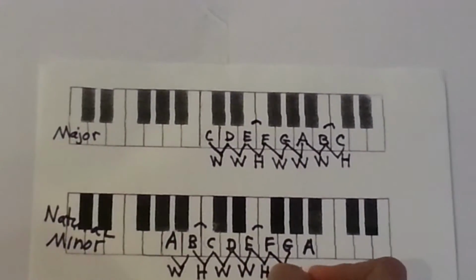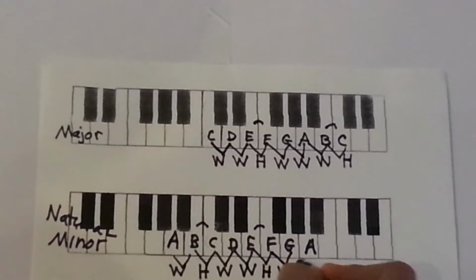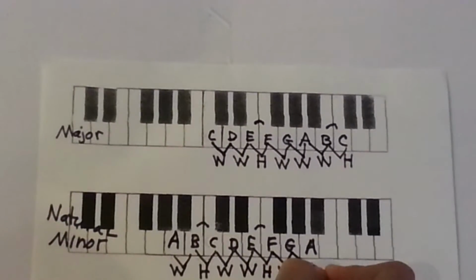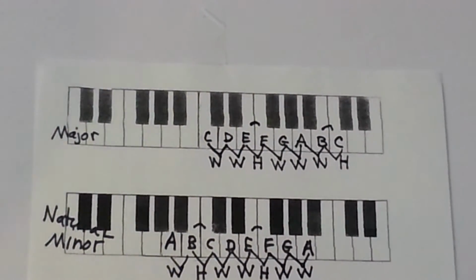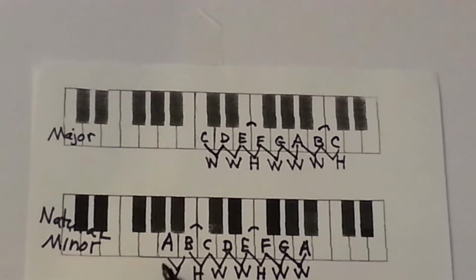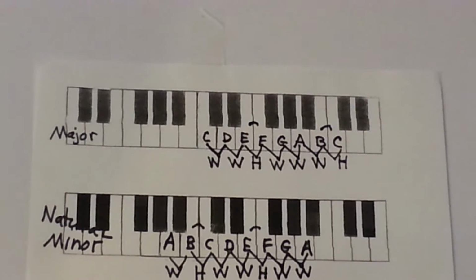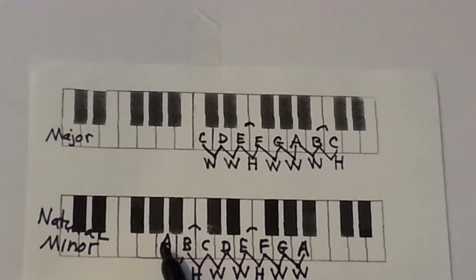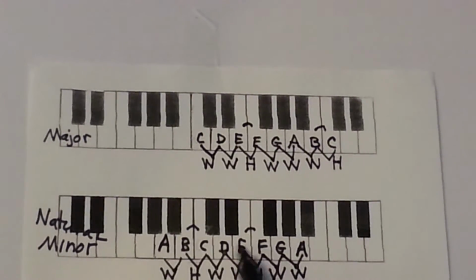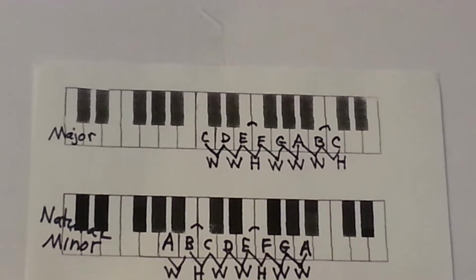F to G? Whole. And G to A? Whole. And again, you don't really have to memorize whole, half, whole, whole, half, whole, whole. Or you could. You could remember that it is the A minor, which tells you just the white keys, gives you the pattern.